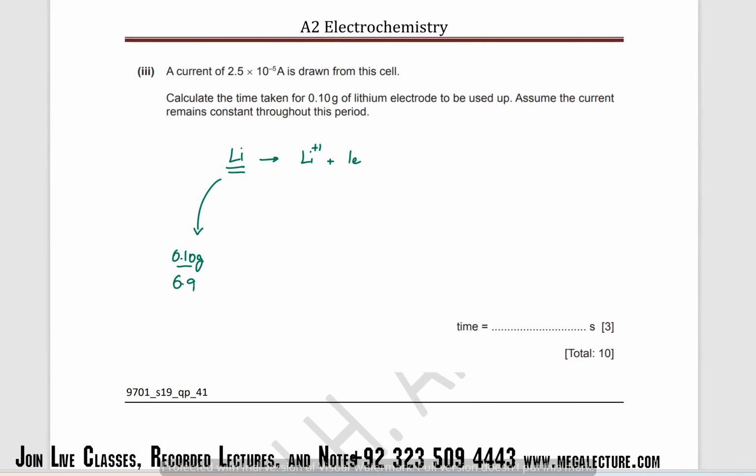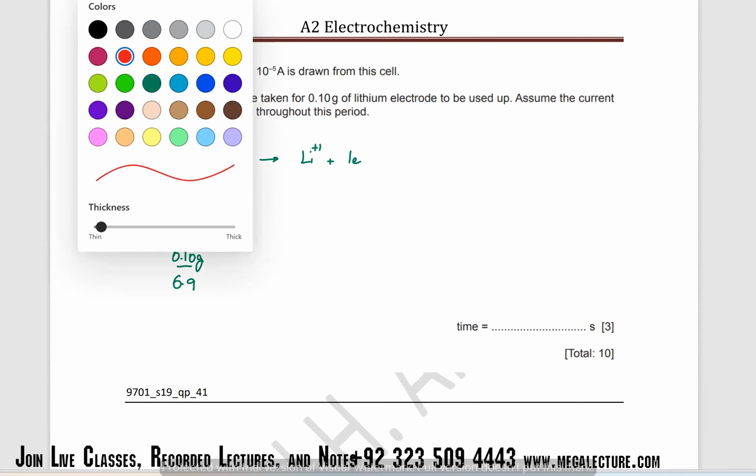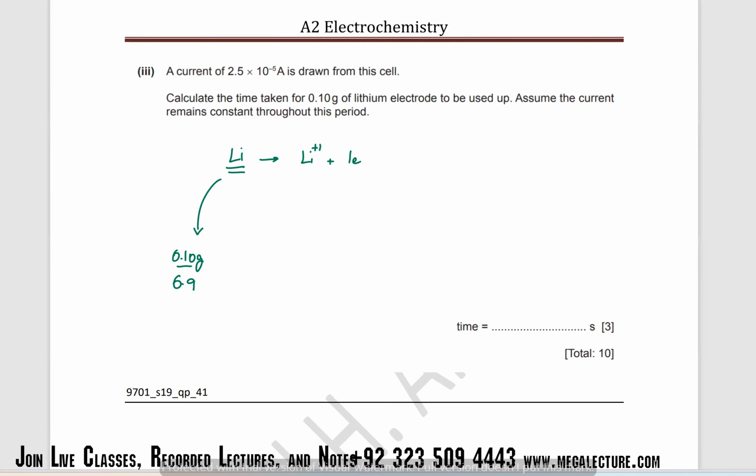How many moles do you get? Calculate it. So 0.0145 moles. The moles of electrons are also going to be exactly the same, 0.0145 moles.